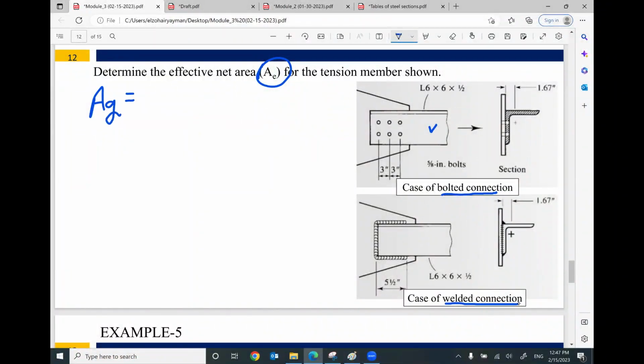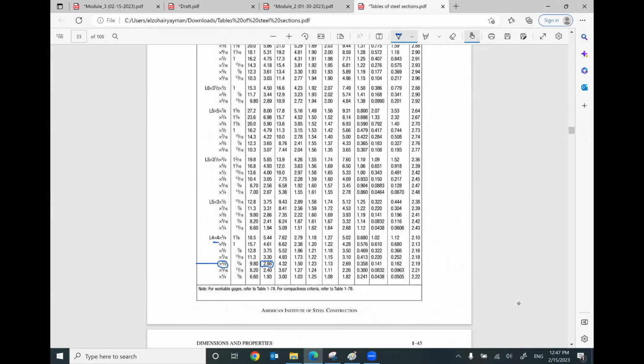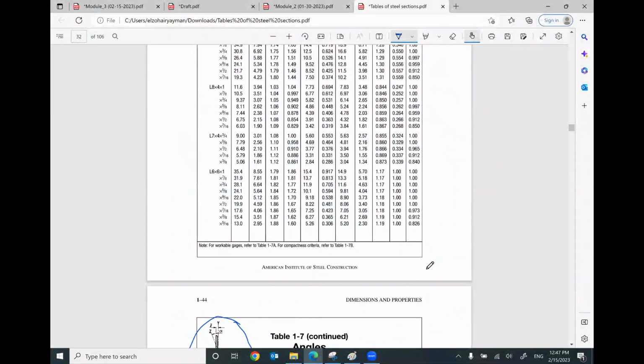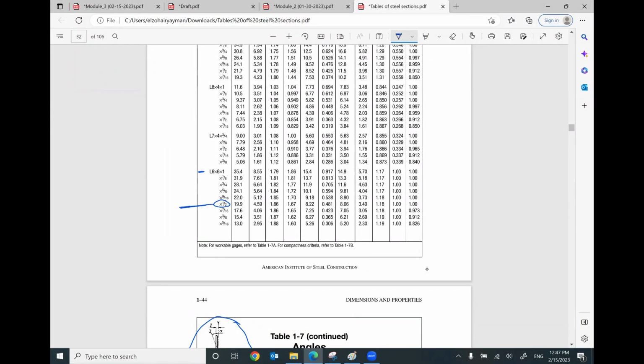Since we have a single angle, only one angle, 6 by 6 by 1/2, I'm going to open my table. I will look for 6 by 6 by 1/2. We have here 6 by 6, but your thickness is 1/2. That means this one.